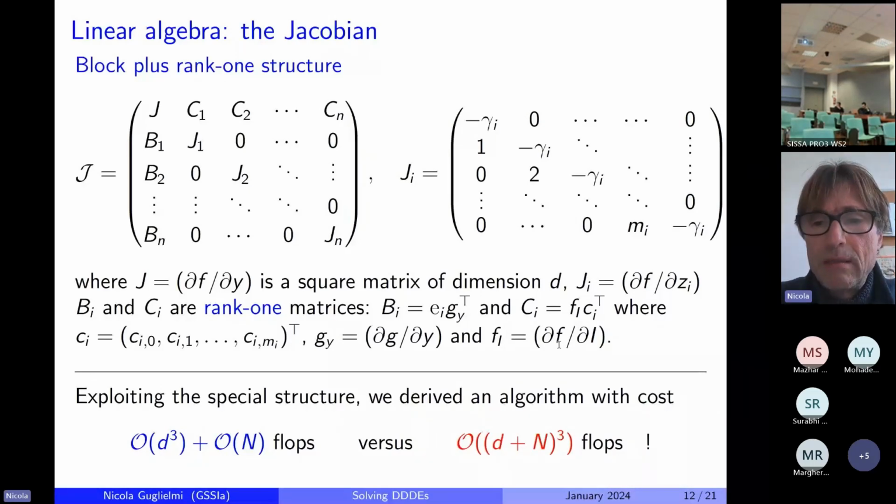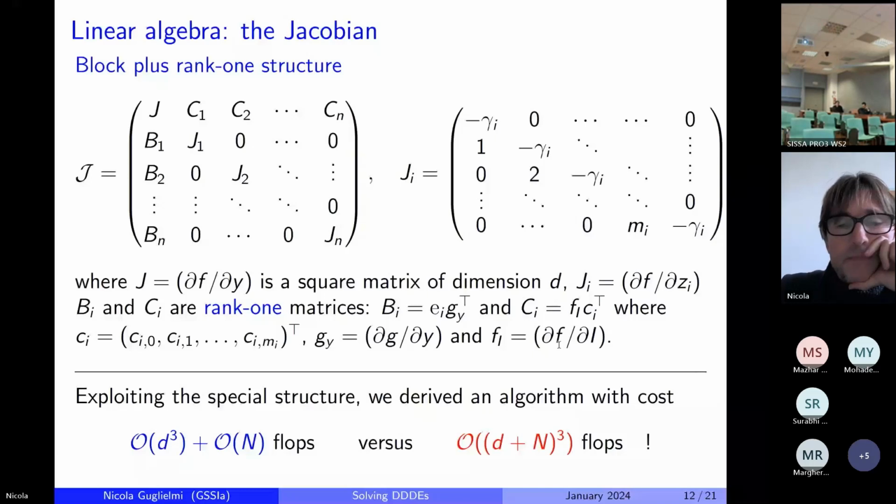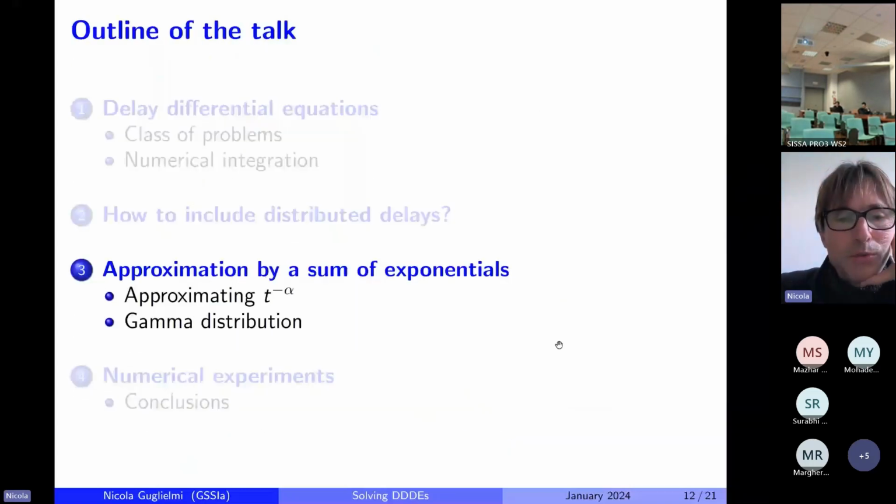So even if we add 10,000 ODEs, we don't really have 10,000 to the cube flops in the solution of the linear system. Okay, I don't give any detail of this, I don't have time. Let me go to the end.